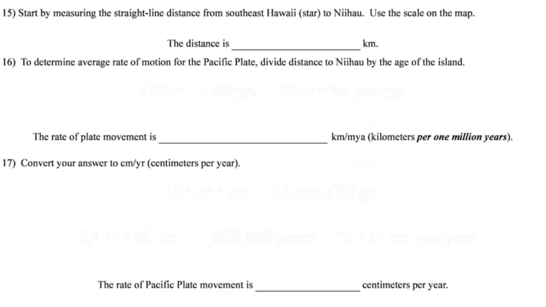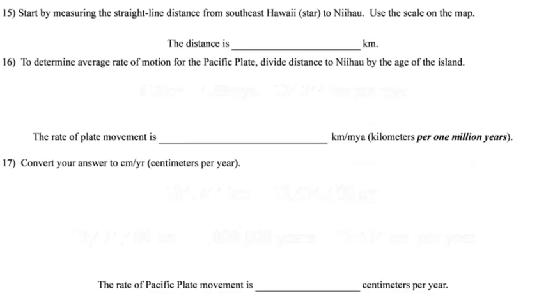The next question is going to ask you to convert your answer from the previous question to centimeters per year. In the previous question it was per million years. Now it's just centimeters per one individual year, not one grouping of a million years. To do this, we first have to convert kilometers to centimeters.